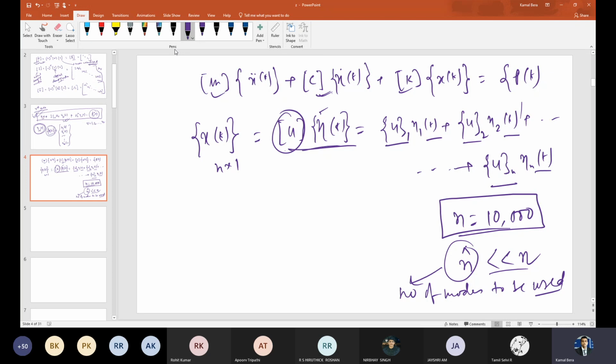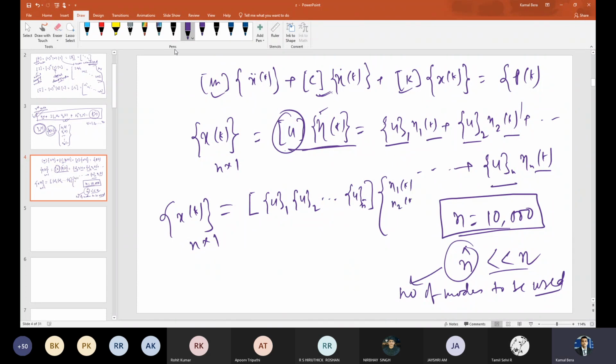I want to use 100 modes. So instead of all the modes, I will use u1, u2 till u n hat, into eta 1 t, eta 2 t, and so on up to eta n hat t. Or I can write it like this: u hat into eta hat.